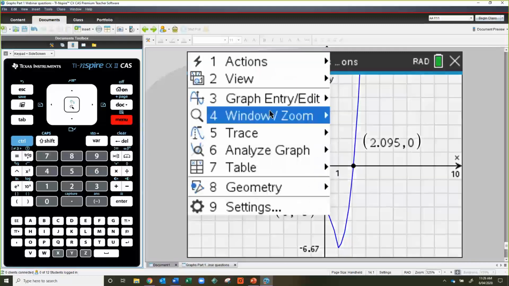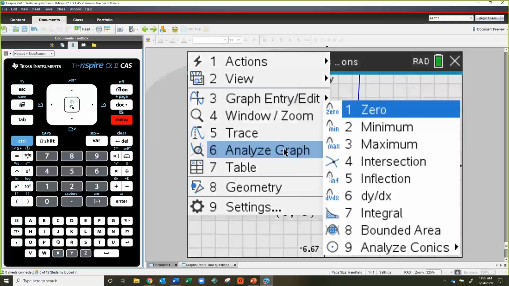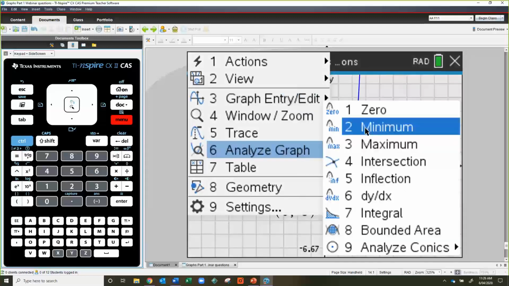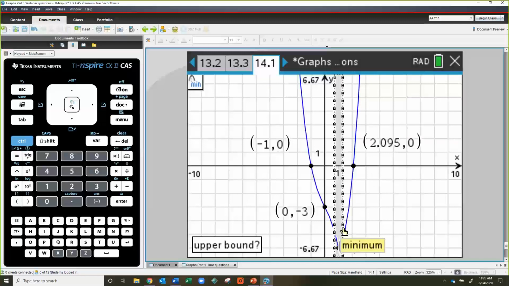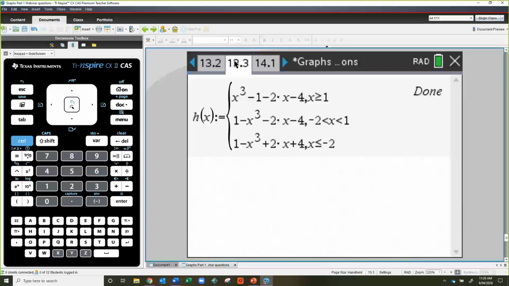And we also have the minimum point, analyze graph, minimum, when it's not quite a stationary point, but that's the lowest point on the graph.